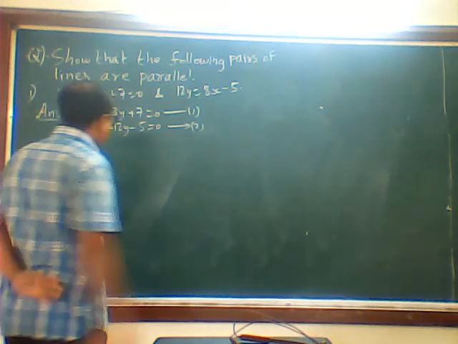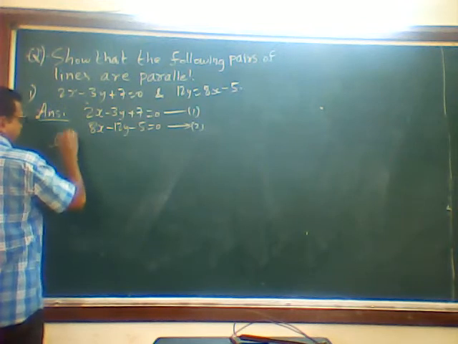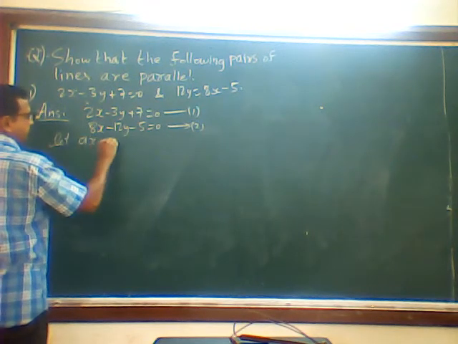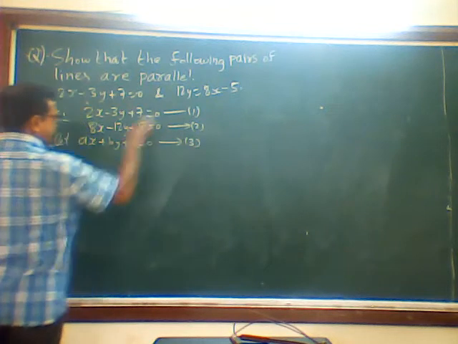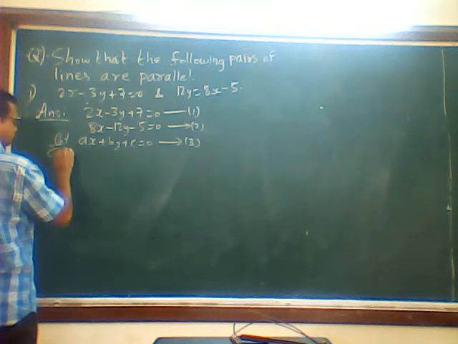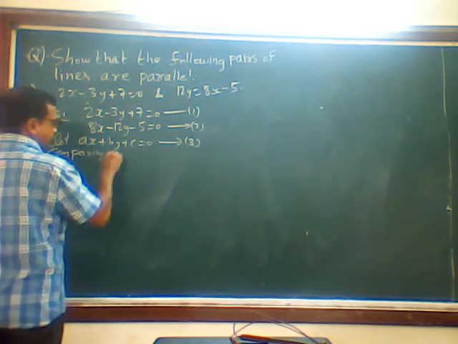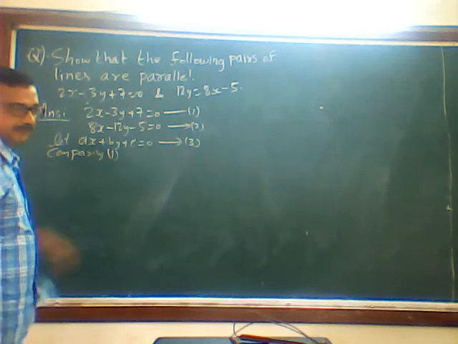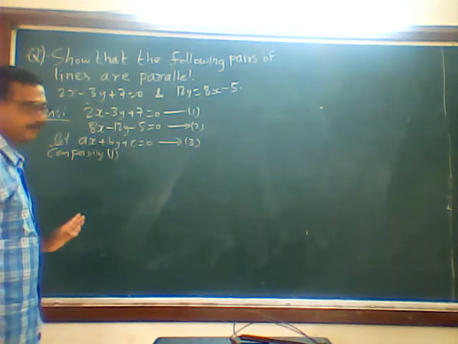Okay. So now how to find out? Let ax plus by plus c is equal to 0 be equation 3. I will say, comparing 1 and 3. First problem I am showing in detail. While you are solving, if you write directly also there is no problem. But as it is a class, I am showing you how it is coming.